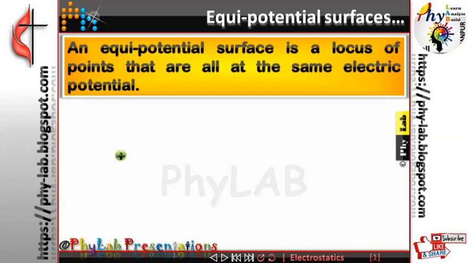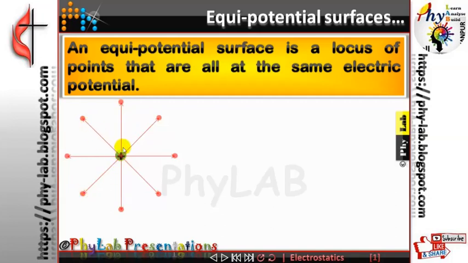For example, let's take a point charge Q located in space, and take the points which are situated at the same distance from the charge. You can see this point, this point, this point, all are located at the same distance from the charge.